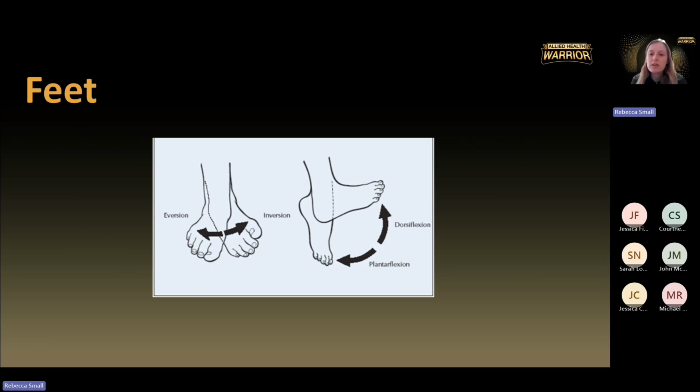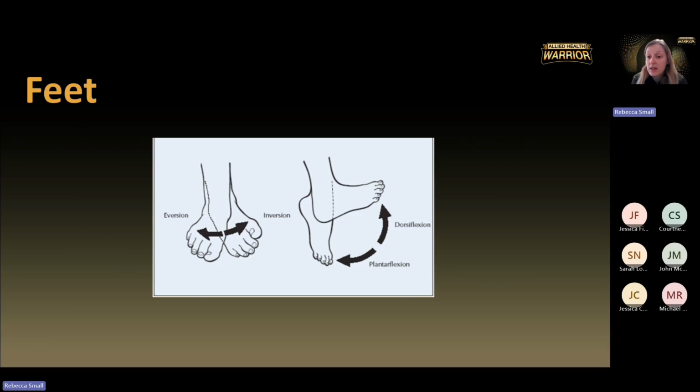I've also seen presentations of equinus deformity, which is a limited upward bending or limited dorsiflexion of the ankle joints, causing the foot to be more stuck in this kind of pointed down plantar-flexed posture.